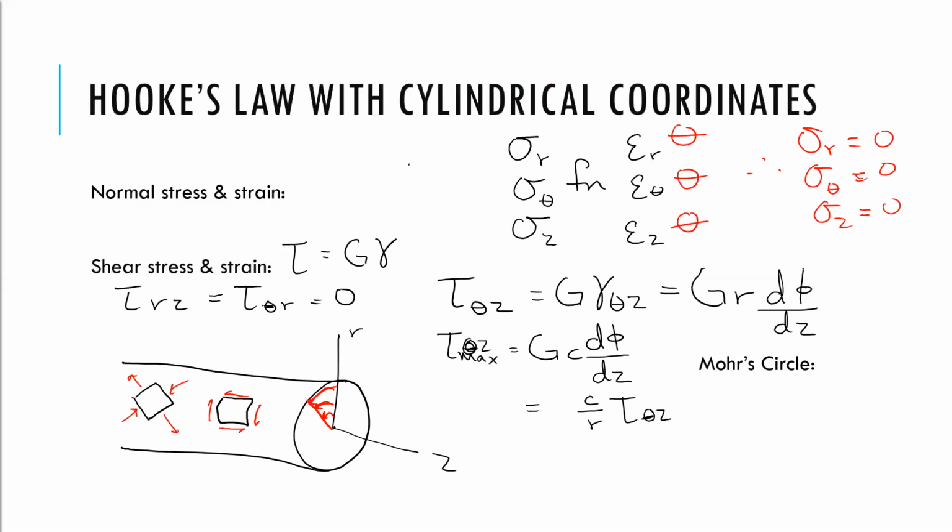All right, so let's go ahead and try to draw the Mohr's circle for this. What does your Mohr's circle look like when you have tau as your shear stress and you have no normal stresses? No, not a line.